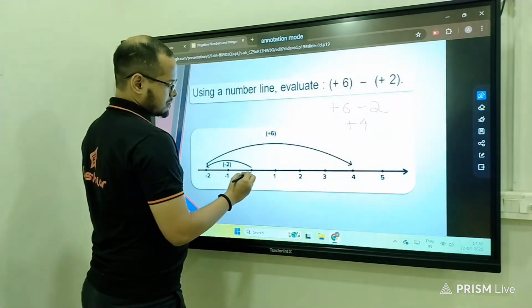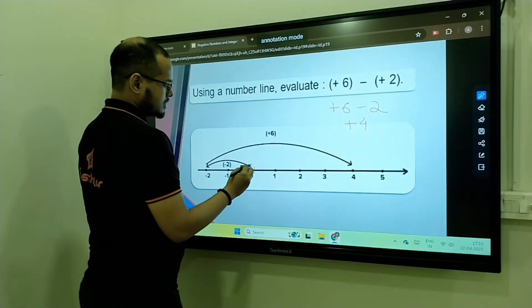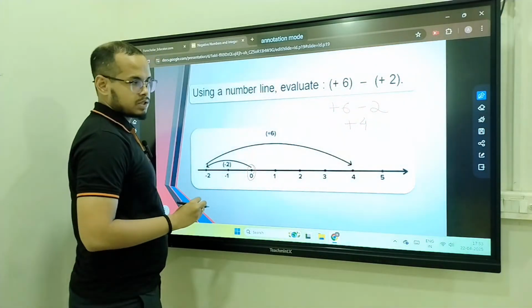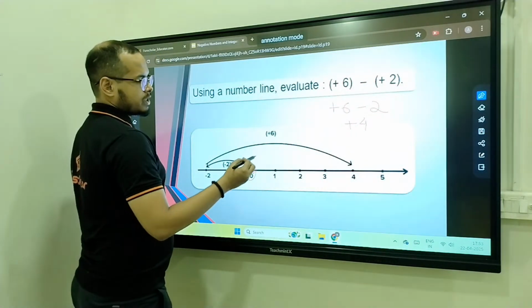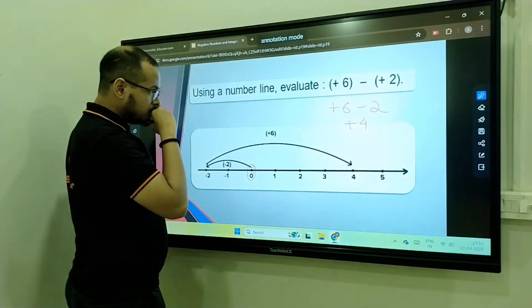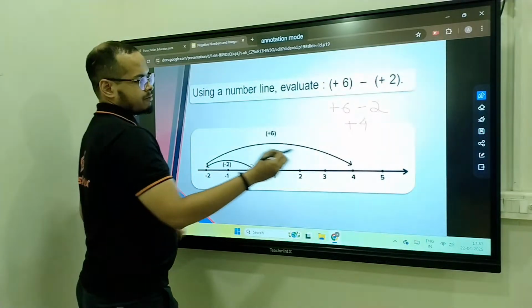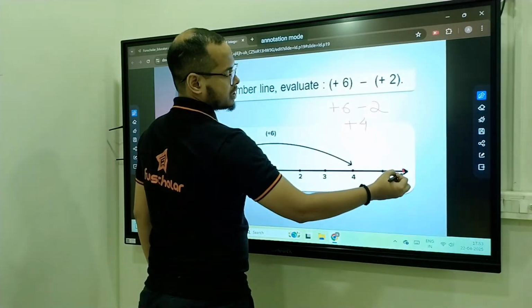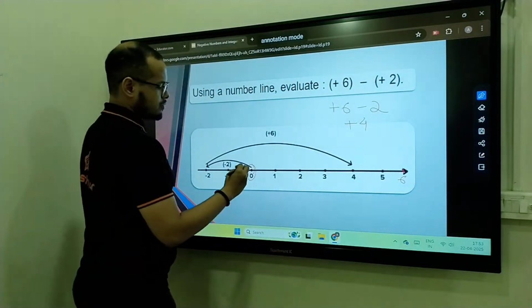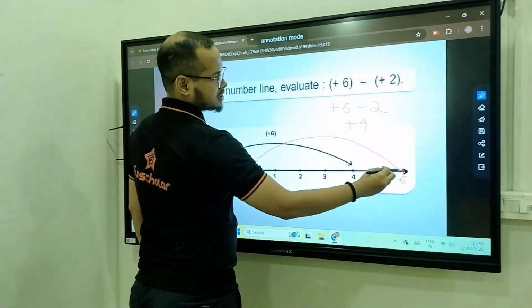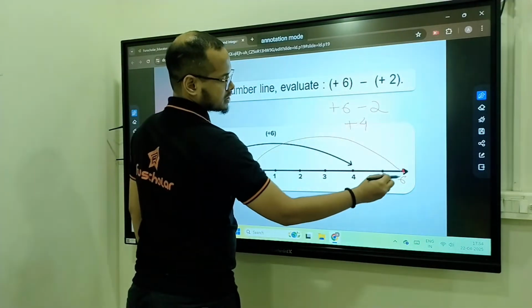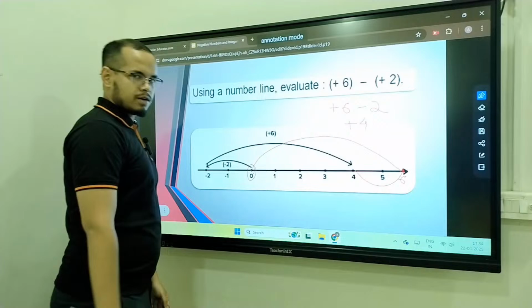From the number 0, we are going 6 places. Okay, see, this number line represents, if I add one more point here and name it 6. We are going from 0 to 6, then we are coming back 2 places. We're also getting 4.